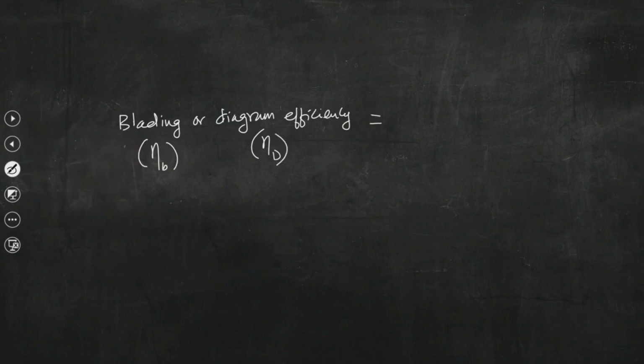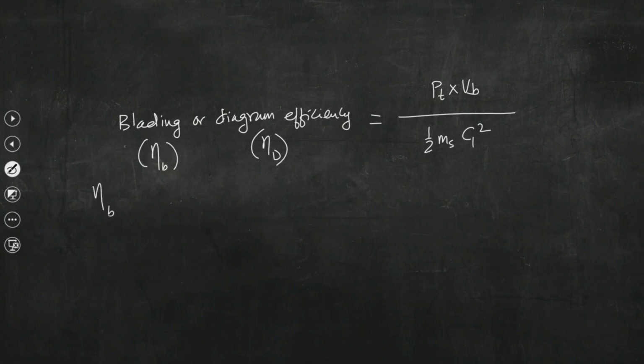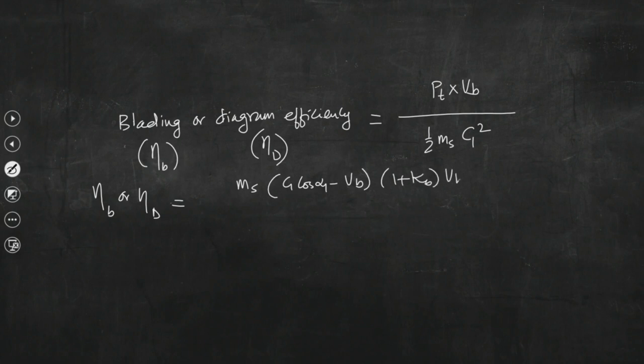That is nothing but the rate at which work is done by the jets on the blades. So, that is Pt into Vv, and that is the input energy, that is half ms C1 square. So, if we try to write this eta B or eta D equal to, we can write ms into C1 cos alpha 1 minus Vb into 1 plus Kb into Vb divided by half ms C1 square.